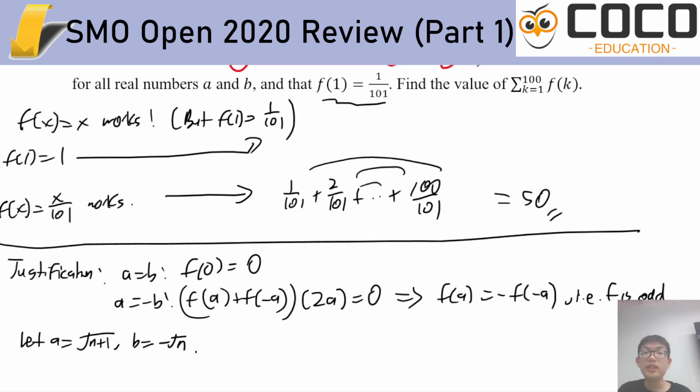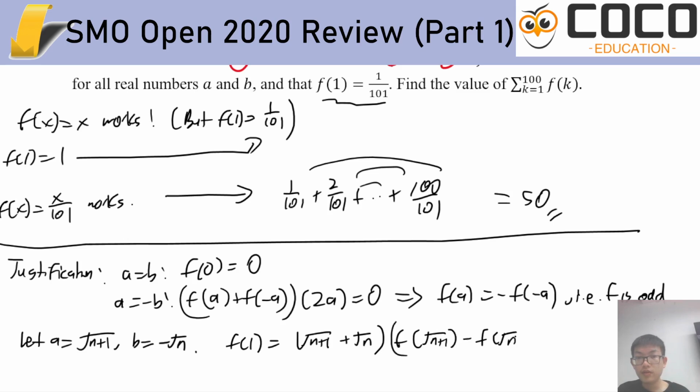I would like to essentially get myself an equation involving f of 1. This is f of negative root n. I move the negative to the outside.